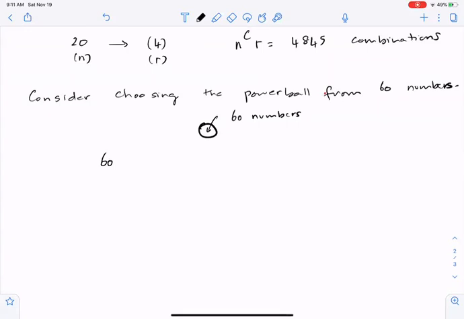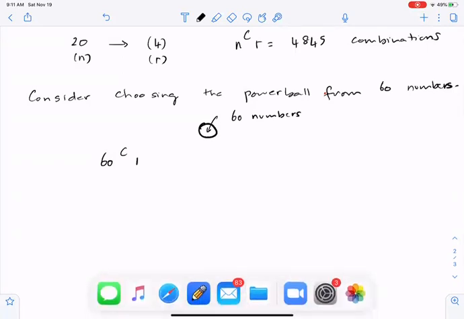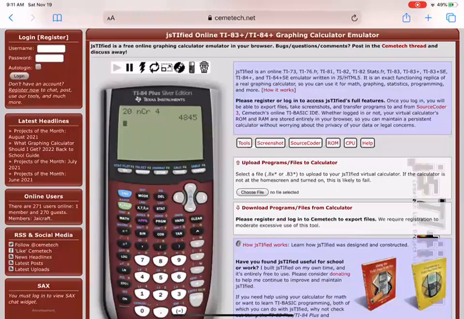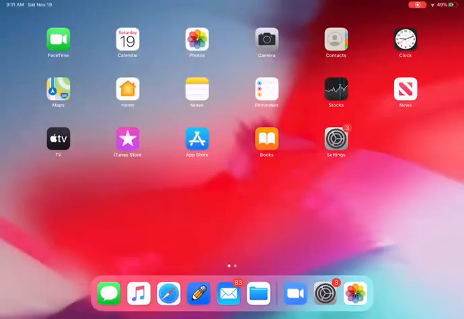So we can do this as 60 choose 1. Out of the 60 numbers, we choose 1. Going back to our calculator, 60, math, nCr, 1. 60 ways.